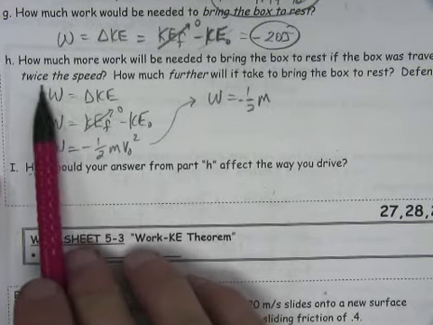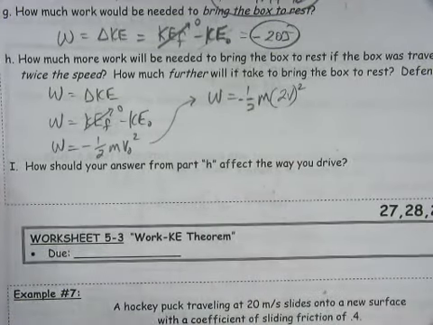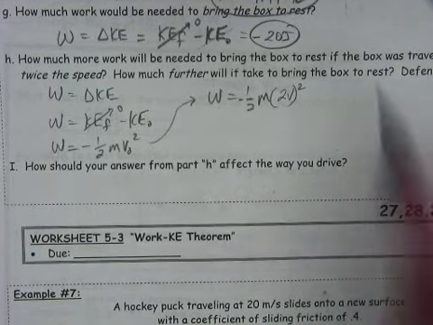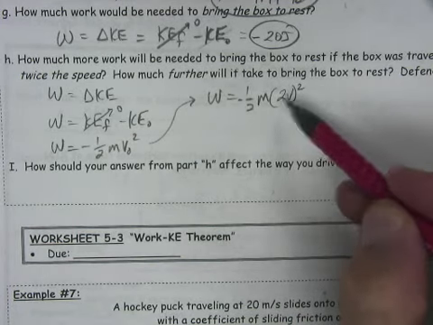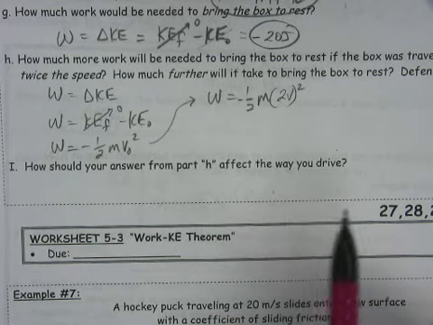It says it's traveling at twice the speed. So instead of saying plain v, I'm going to say 2v. But that 2 goes inside the parenthesis because this 2 squares not just the v, but everything that v is. Since we're doubling the speed, I have to square that 2 as well. Now look what happens here.